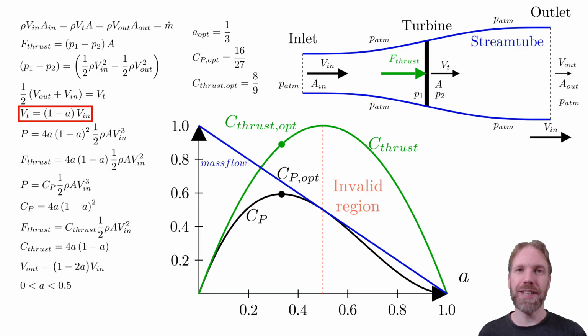This is the main reason why we are limited in how large power coefficients we can have. A large axial induction factor means that we extract a lot of the energy from the flow that passes through the turbine, but it decreases the mass flow, causing the flow to go around the turbine instead. Hence, we have to pick the best compromise for the axial induction factor, which is 1 over 3.